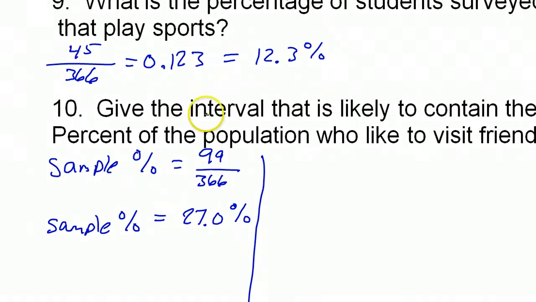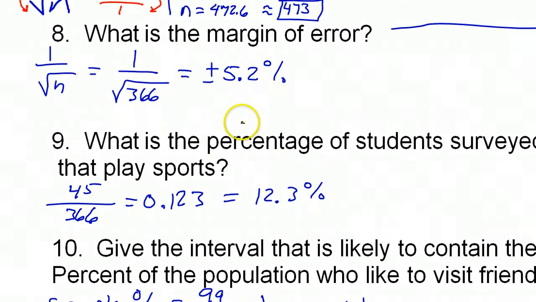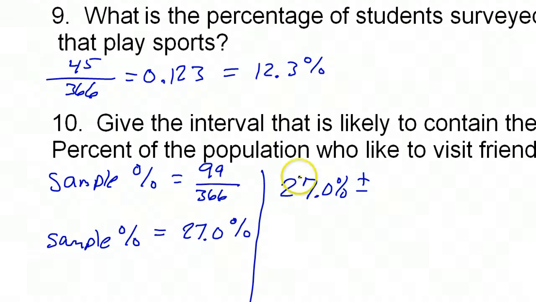Now, if I want the percent of the population, the interval, and you really only do an interval for a population, so that's how I knew to put this word in here. I have to start with the sample percent, so I start with this 27.0, and I add and subtract the margin of error. The margin of error is our 5.2%.